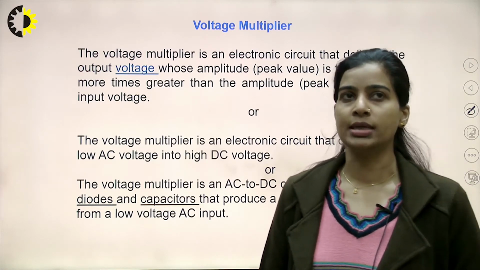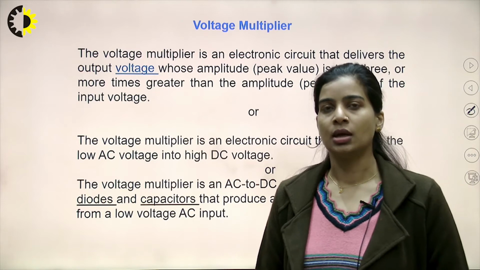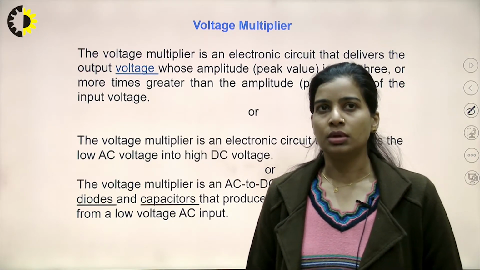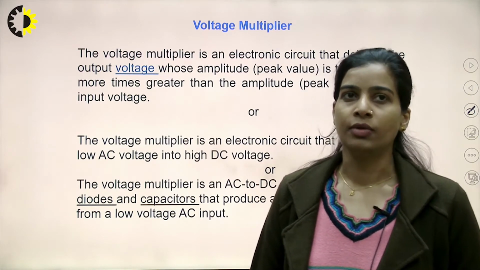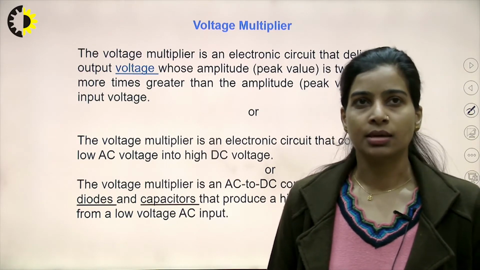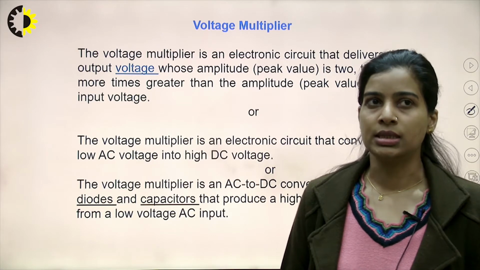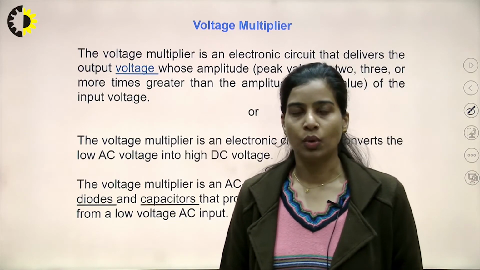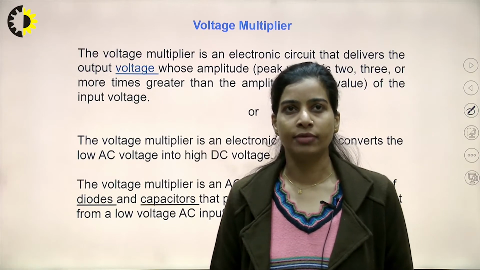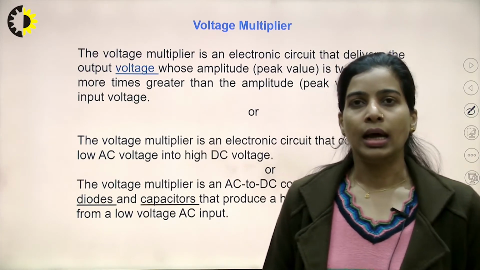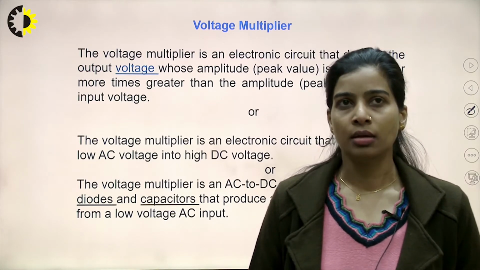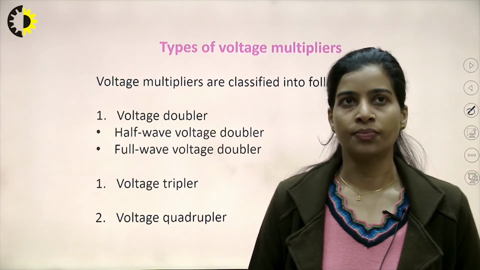But by utilizing voltage multiplier circuits, we can get an output voltage with a higher amplitude as compared to the input AC signal. So in these circuits, we provide AC at the input with low amplitude and we get DC at the output with higher amplitude values.